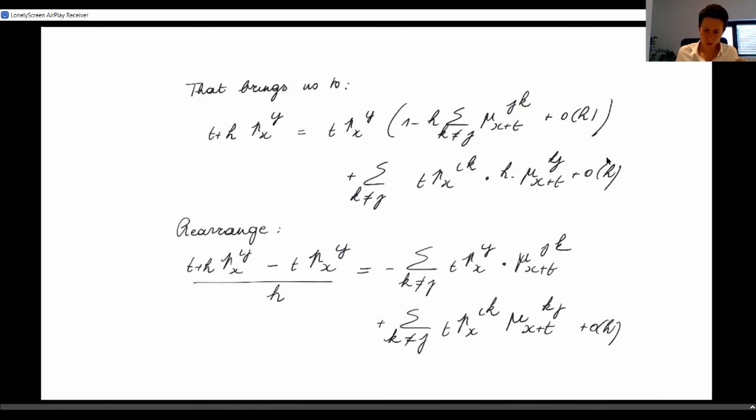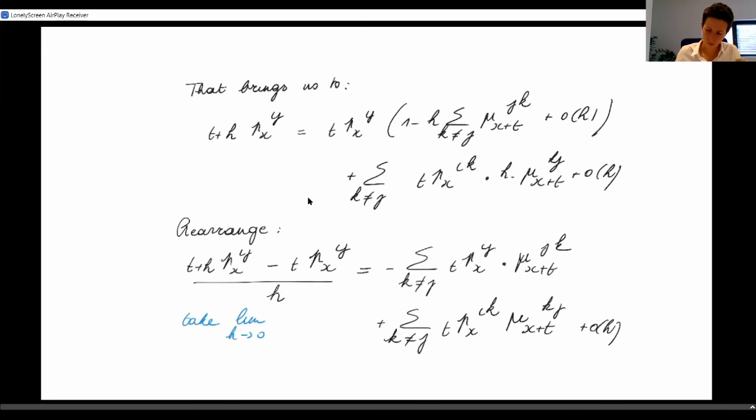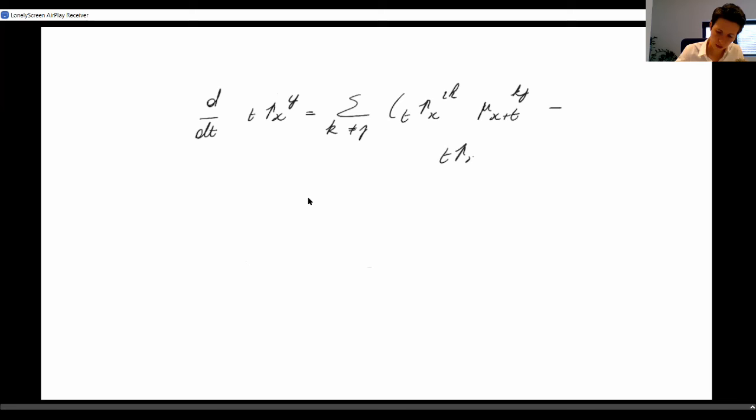So what you see over here now is, of course, if I take the limit for h going to 0, that you obtain the following result: if I take the derivative with respect to t of t p x ij, then I'm left with the sum over k different from j of t p x ik multiplied with mu x plus t kj, minus t p x ij multiplied with mu x plus t jk.